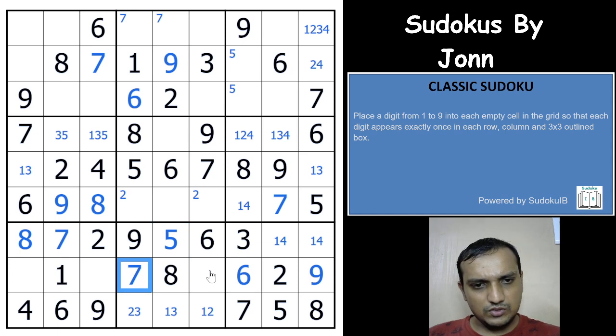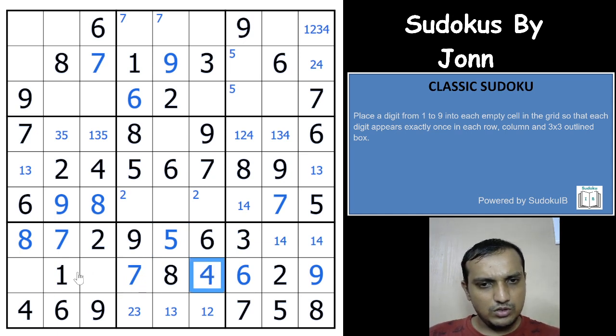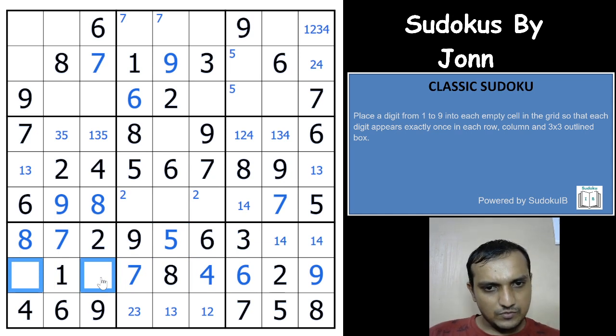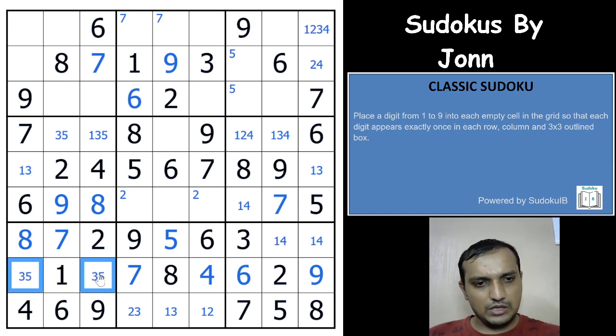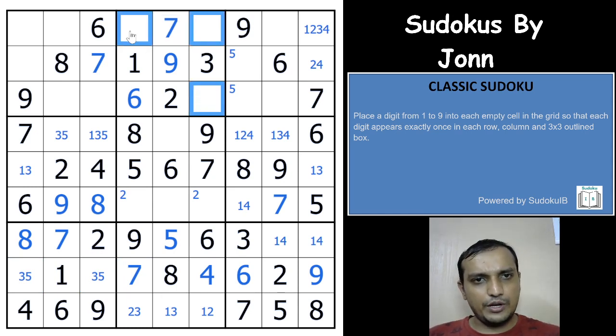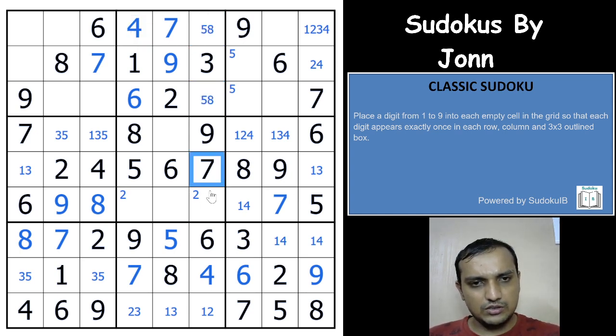This cell is a 4, these two cells would have to be 5 and 8 in any order, and this cell is a 1 and 2.